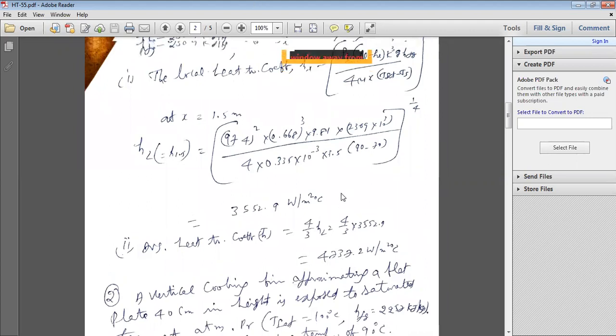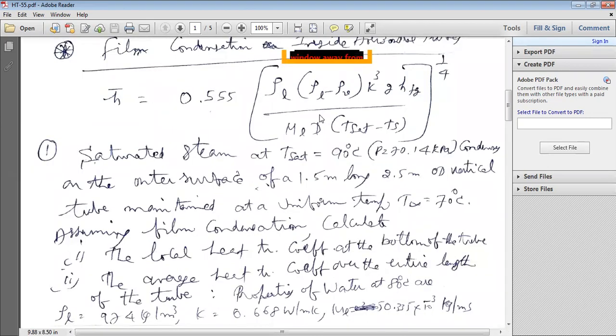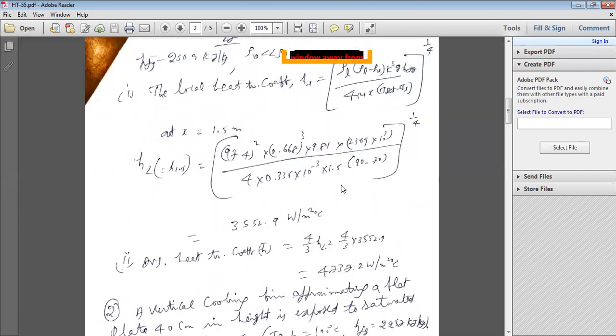Like that, if you know the formula, you can easily calculate your required local heat transfer coefficient as well as average heat transfer coefficient whenever vapors condense on a vertical plate or vertical tube.